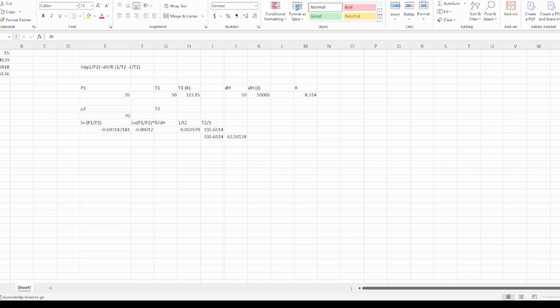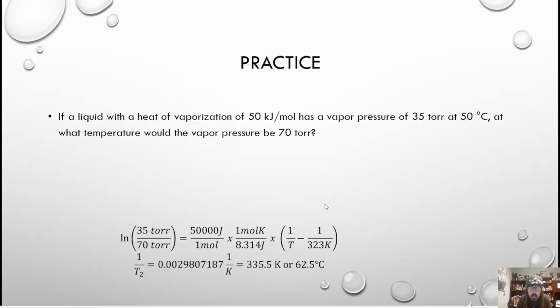Now that's a little bit advanced, but if we learn how to use our Excel, it is a great tool. It is a calculator to the extreme. It allows us to essentially do whatever we need to do on a calculator, but store more functions and do it more efficiently.